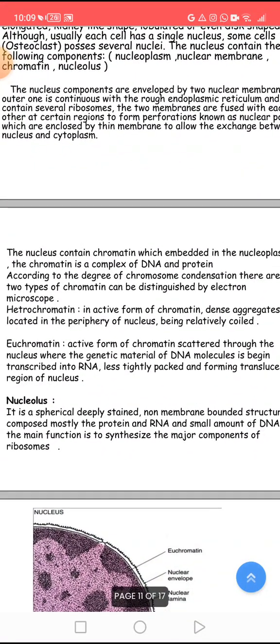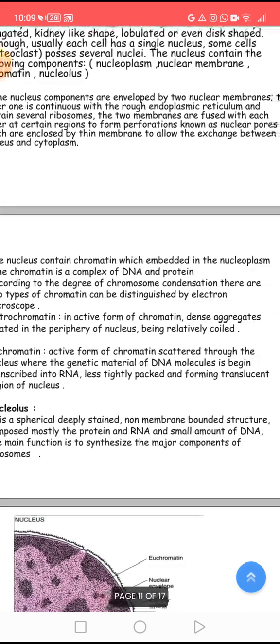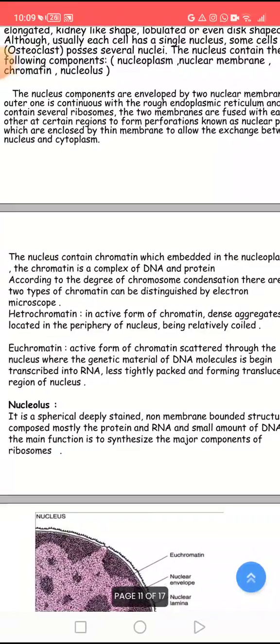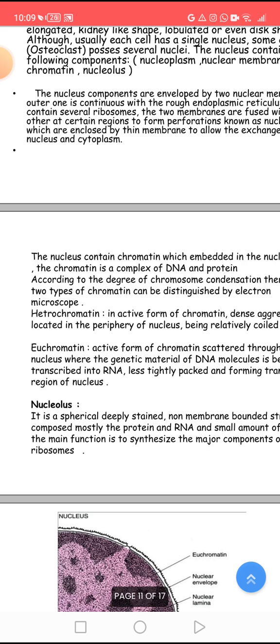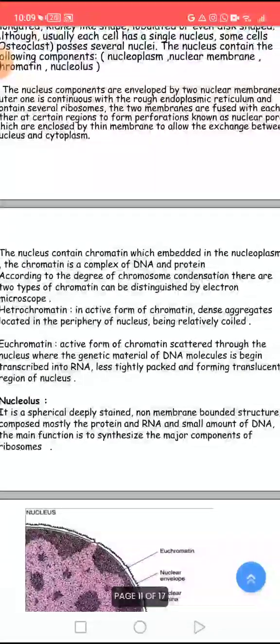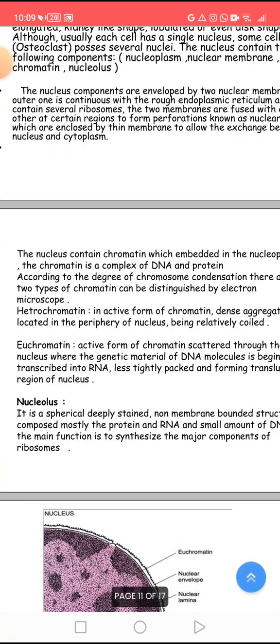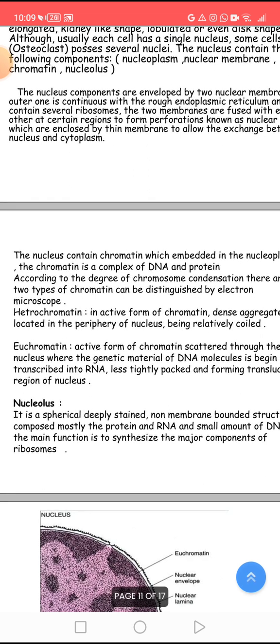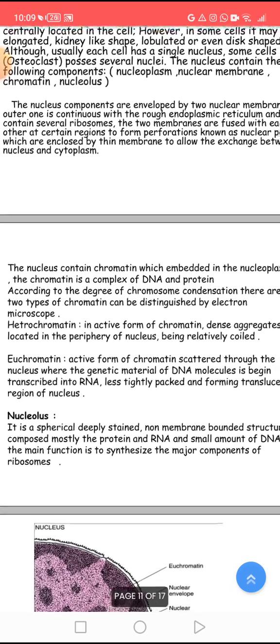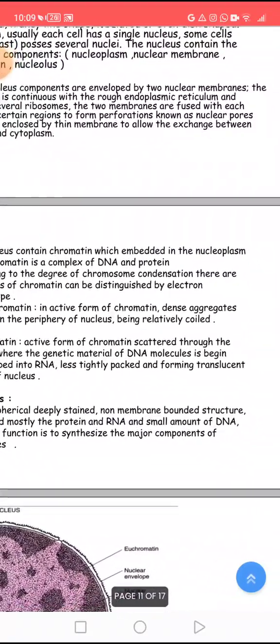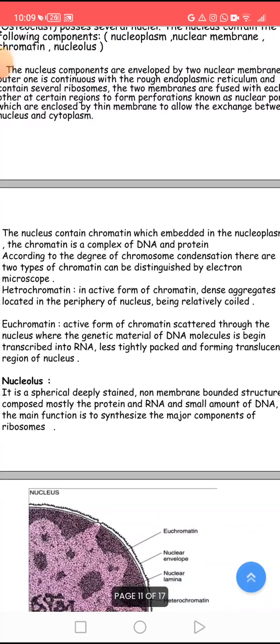We know that the nucleus has a nuclear envelope made of two nuclear membranes. The outer one is continuous with the rough endoplasmic reticulum. So the outermost membrane of the nucleus, we have two membranes in the nucleus, the outer membrane, or I mean the first membrane, is attached to the rough endoplasmic reticulum.